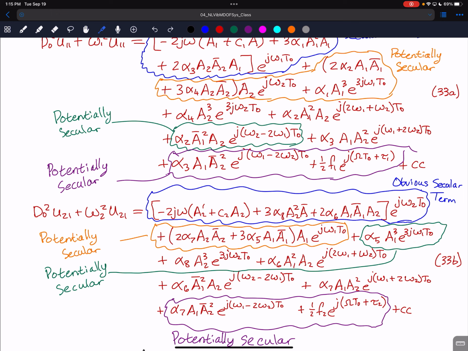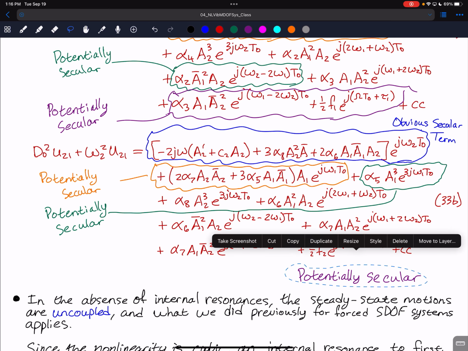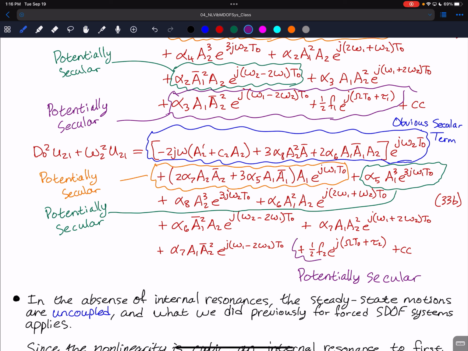And here we have omega 1 t, which is the one-to-one resonance term, which we're not studying, but you could study in certain cases. Over here, this term is probably not secular, and there may or may not be another term that accounts for it. So what we'll do here is lasso this, move it over, and the forcing term can still be secular.